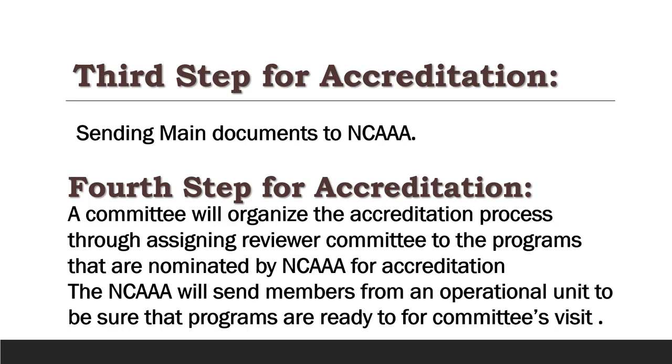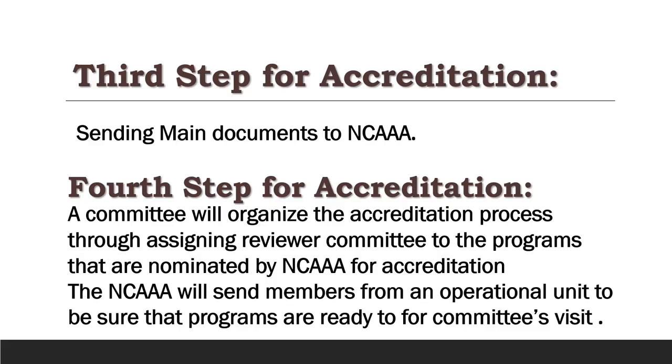Of course, the main documents are based, as we said before, on 2 things. The first one is the eligibility documents, and I discussed this in my previous presentations. You can find them on YouTube, and the NCAA standards.